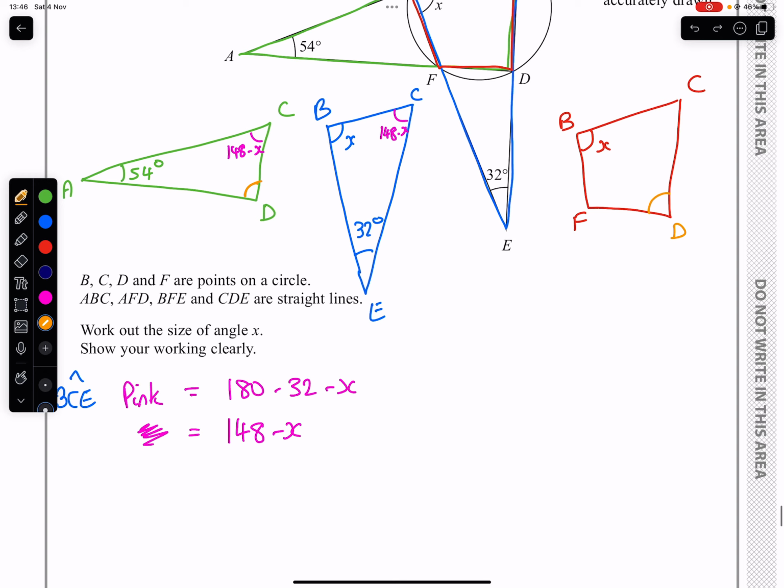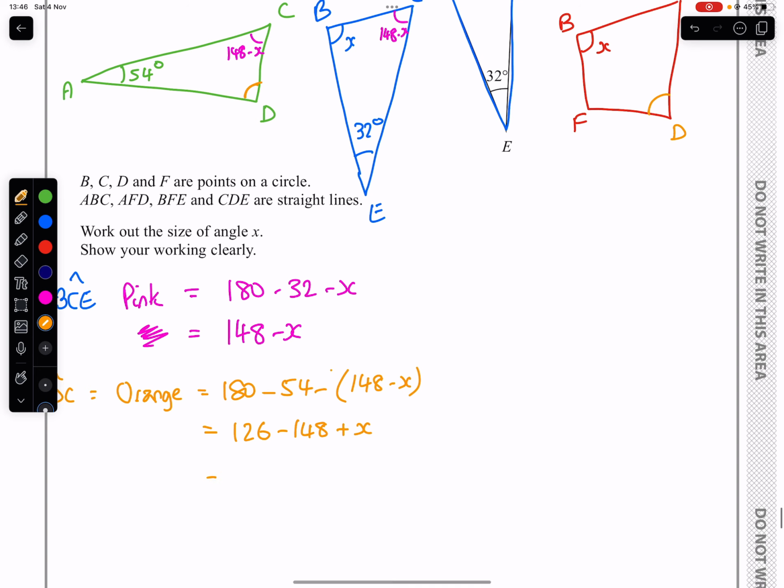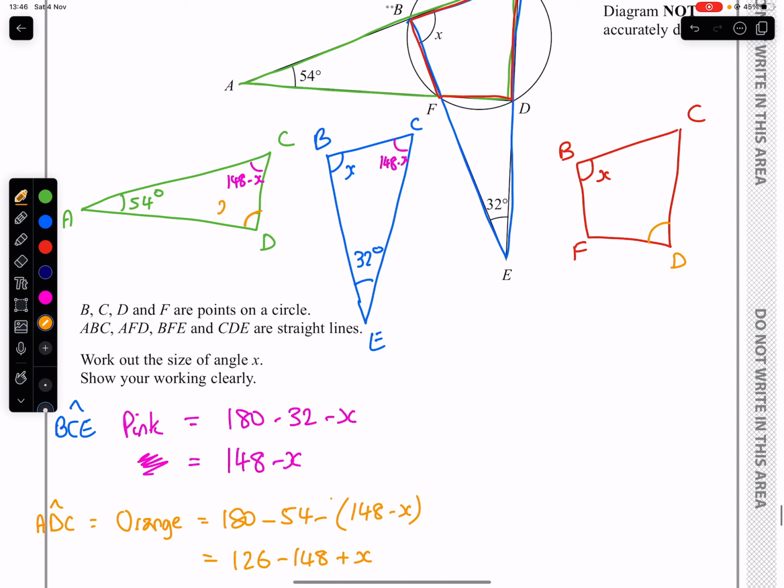So D, the orange angle, which technically is ADC or CDA, is going to be 180, subtract 54, subtract all of, so I put it in the bracket, 148 take away x, which is going to give me 126, subtract 148, but we end up with a double negative giving us a plus x, which gives us our positive x with a minus 22, which means this angle here is x minus 22, and this angle here is x minus 22.